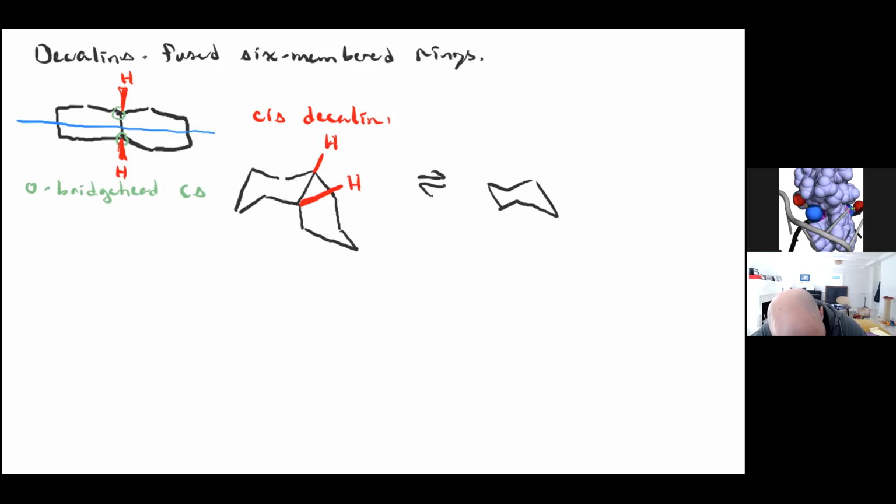Let me just make sure I don't mess this up because this is a little tricky. We're going to bring that one down. And so that's going to be axial. This is going to go here. You can draw a conformer like that. I want to point out the orientation of things. So let me clean this up a little bit.